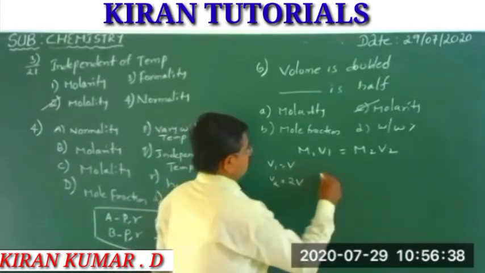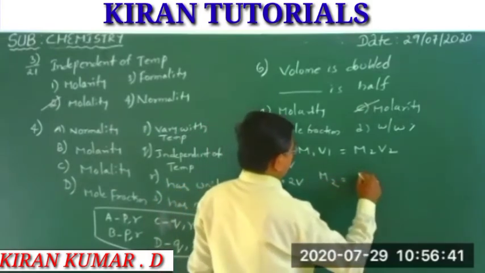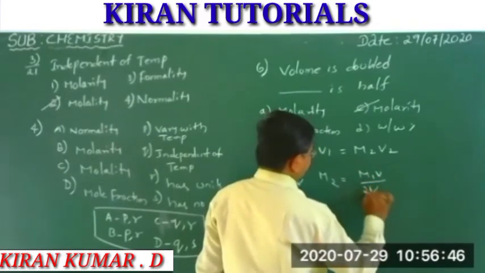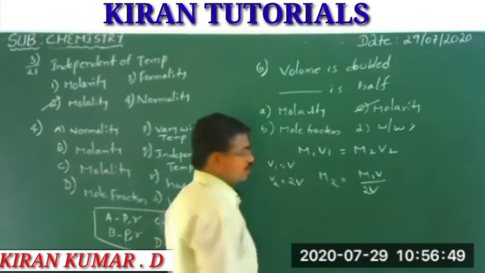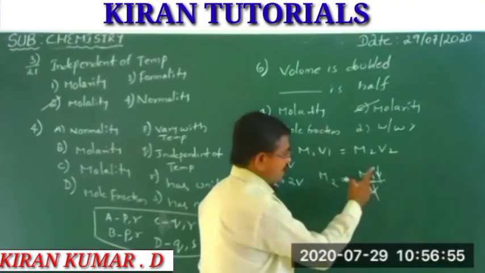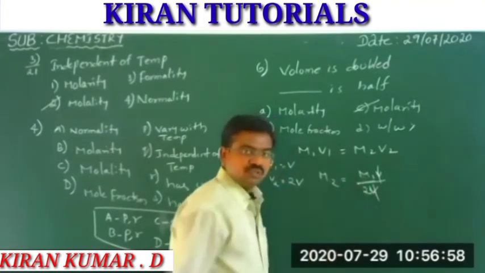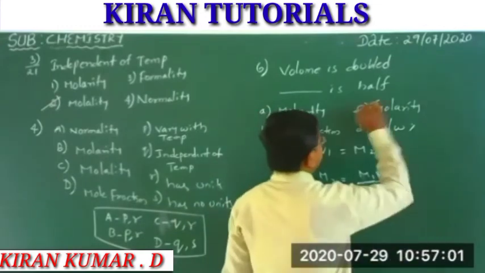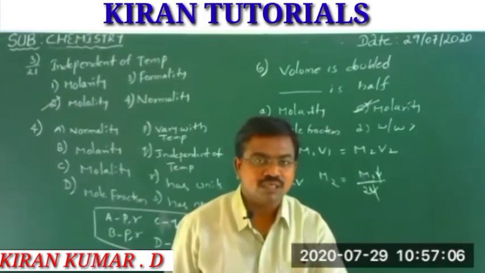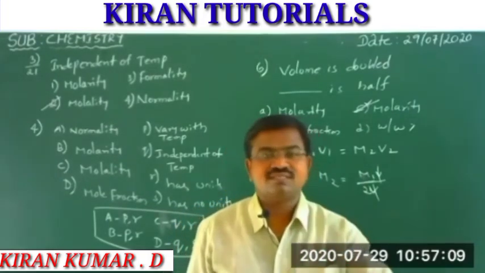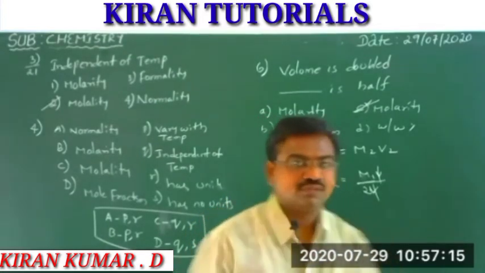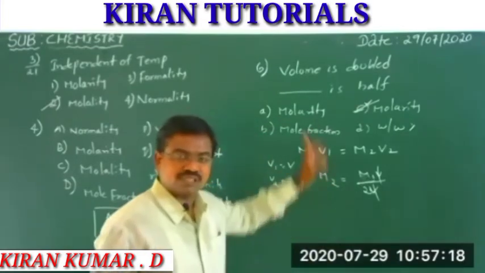So M2 is equal to M1 V by 2V. V will cancel, so that is M by 2. If the molarity is 4, then 4 by 2 is 2. So if the volume is doubled, the molarity of the solution becomes exactly half. Clear?